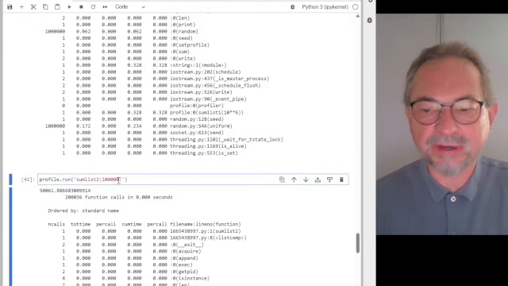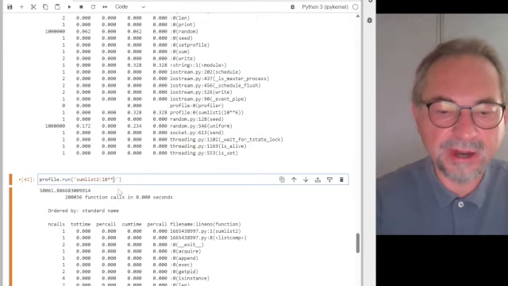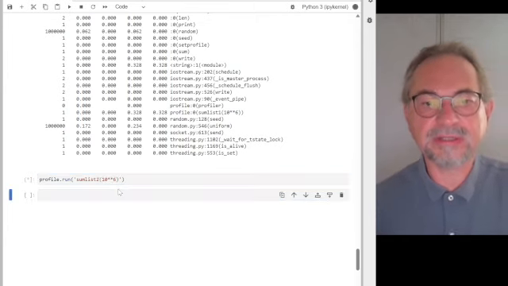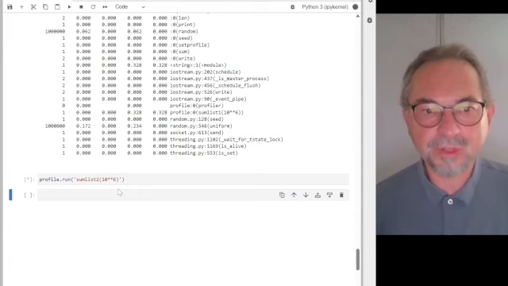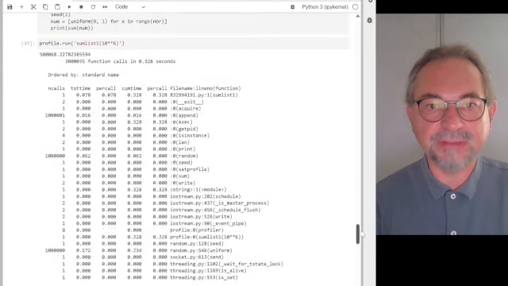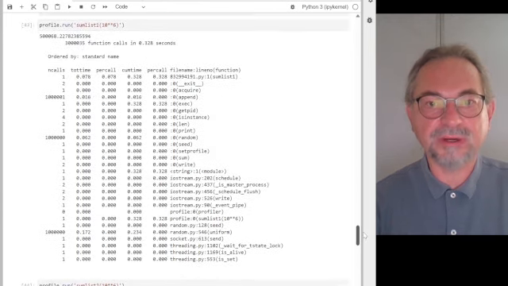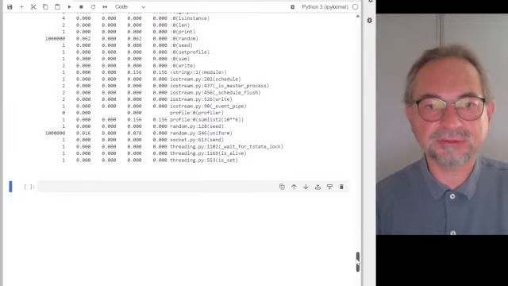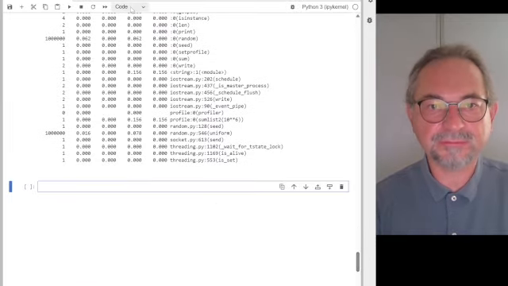So this is an example of how you can identify the bottlenecks in your program. What are the pieces that cost? So you see here with the list comprehension, instead of the append, I'm working twice as fast. So that is the conclusion.